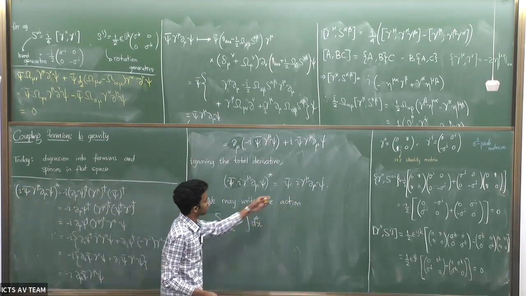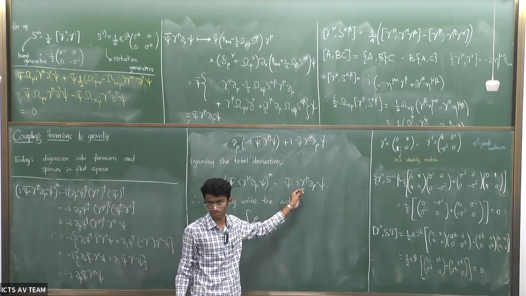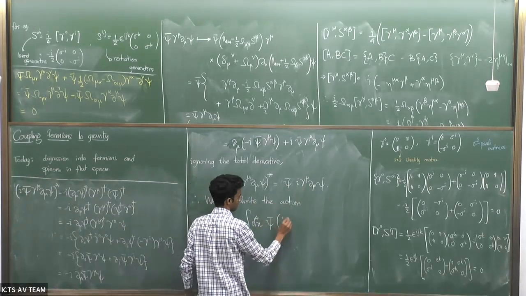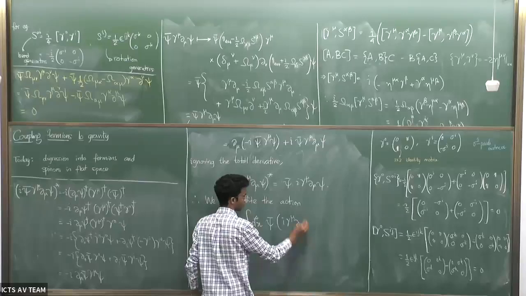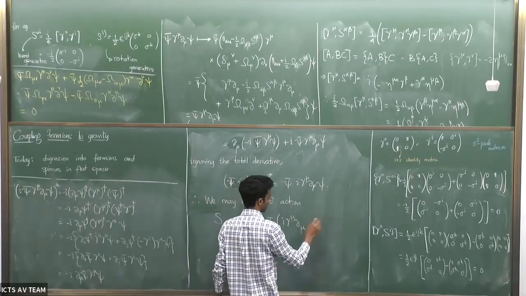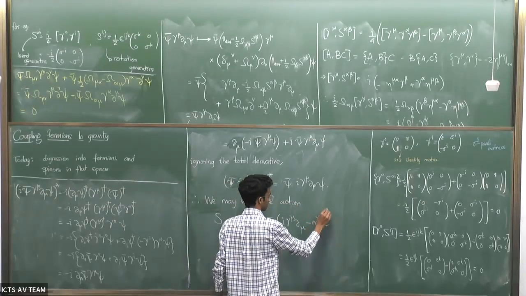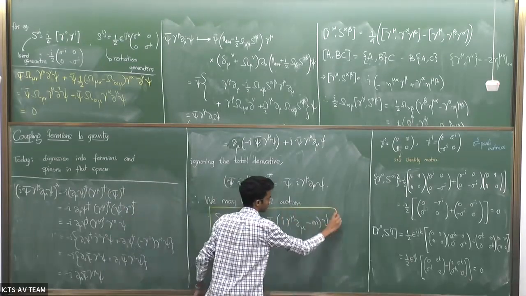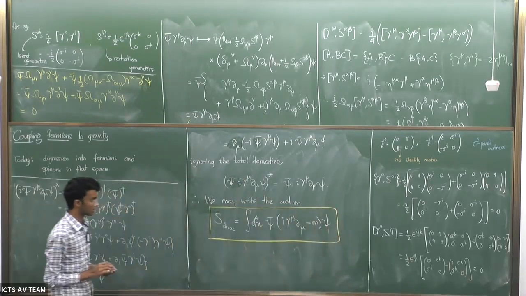What all terms are permitted? This term is permitted and psi bar psi is permitted. So let's write this term first: psi bar I gamma mu del mu psi. And then psi bar psi is also permitted. Let me just put that here. And this is the Dirac action. And this is what I wanted to get to.